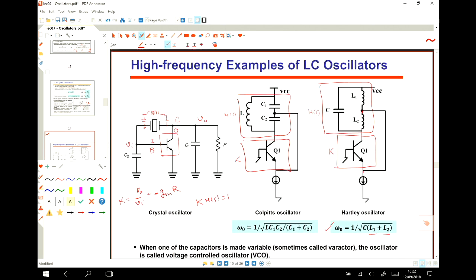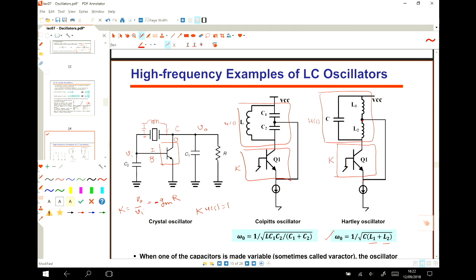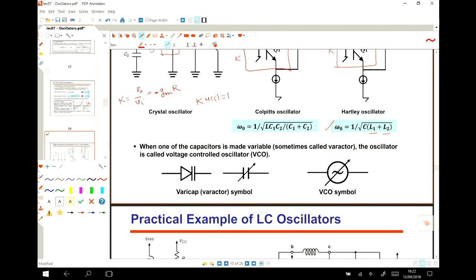So if we make one of these capacitors programmable or variable, if we can change one of the capacitors, then we can change the resonant frequency, and then we call it voltage control oscillators. Voltage control oscillators means that instead of using a simple capacitor, we use a varactor. The capacitance of a varactor changes based on the voltage across the two terminals.